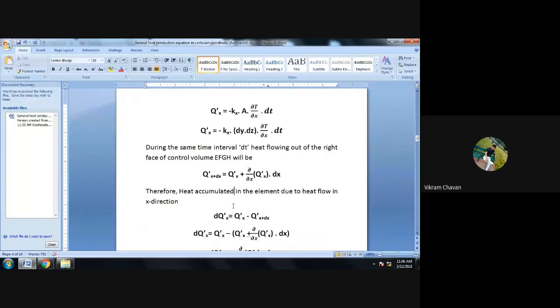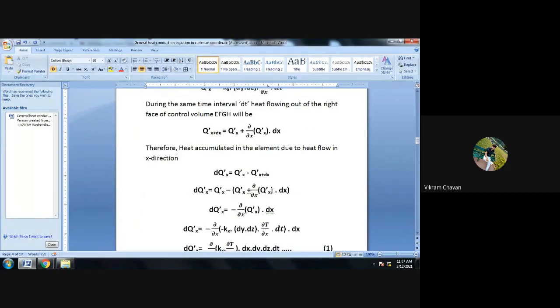So that will be notified as dq dash, dq dash suffix x for the x direction, which will be the difference between the heat entering the element through the x direction and the heat leaving the element through the x direction. The difference between these two will provide you the net heat accumulated in that particular direction. So dq dash x is equal to q dash x minus q dash x plus dx.